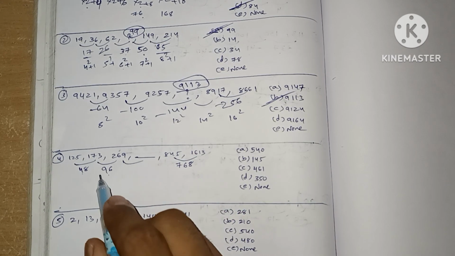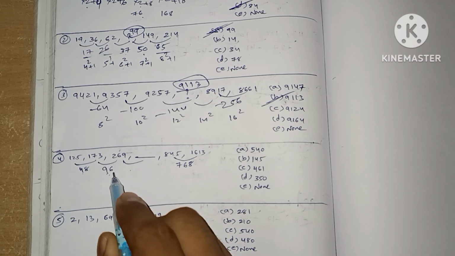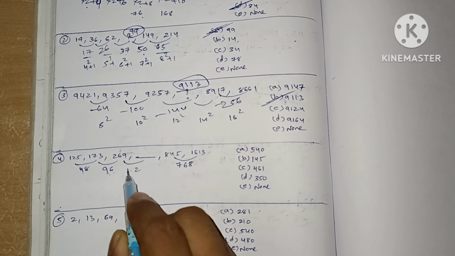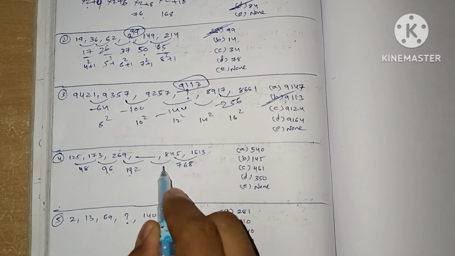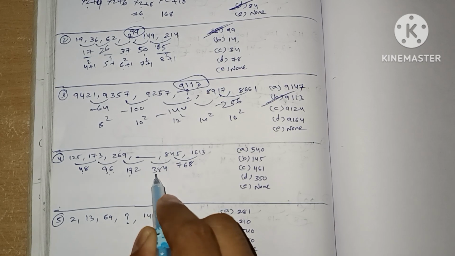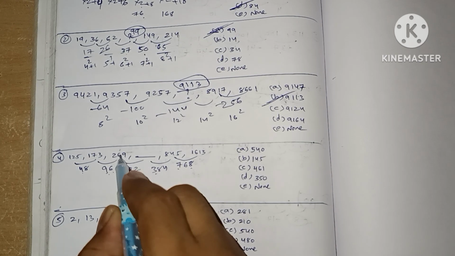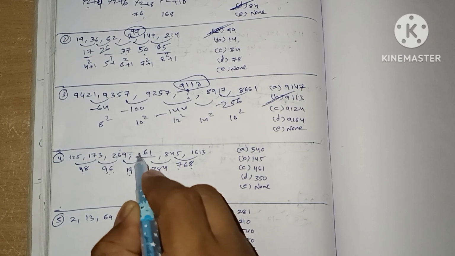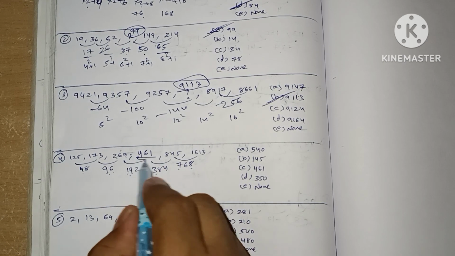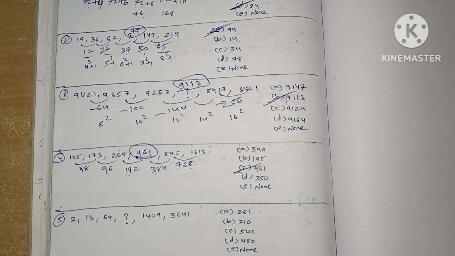So let's take the double of 96, which will be 192. 192 double times will be 384. 384 double times will be 768. So 269 plus 192 will be 461. 461 is our answer. Option C is our answer.